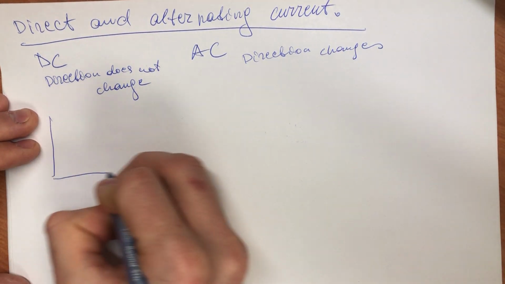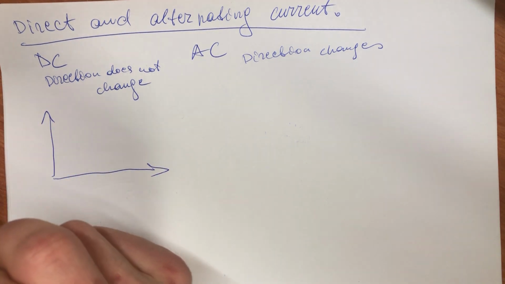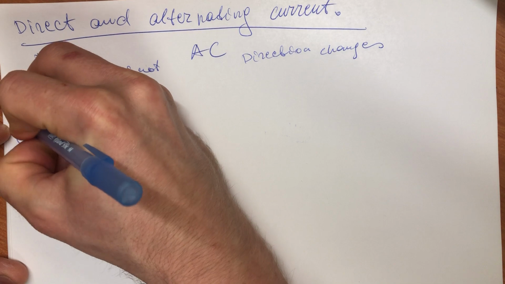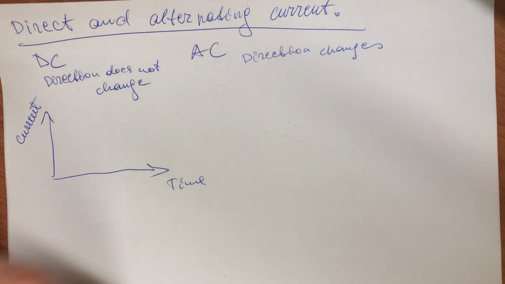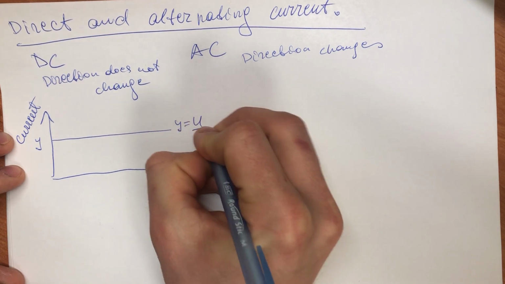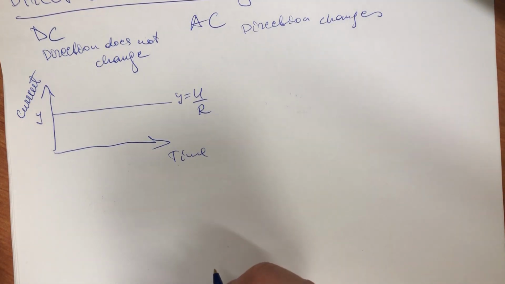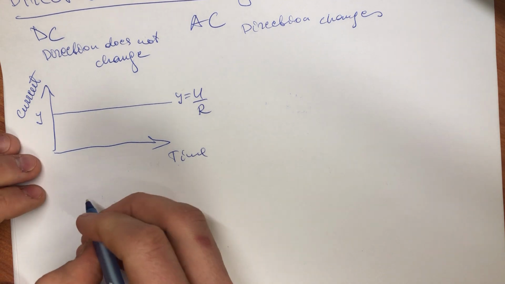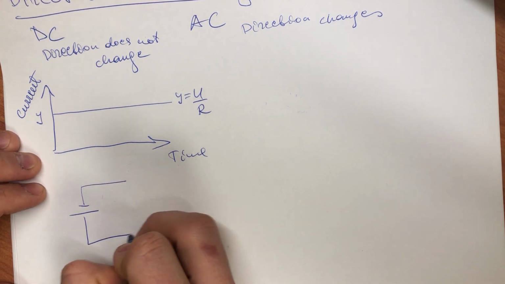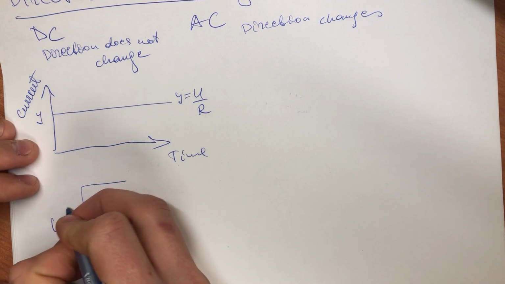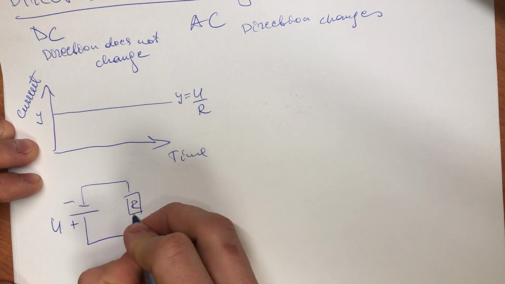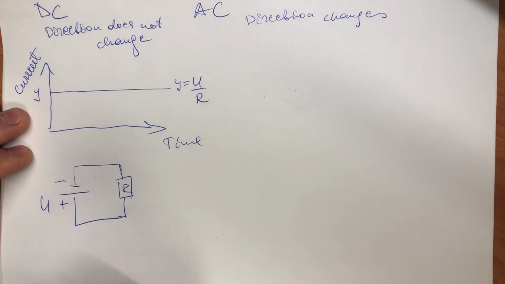This is time, this is current. So here current is constant, I is U divided by R. And the very basic circuit to obtain this is just a simple circuit, a very simple circuit.